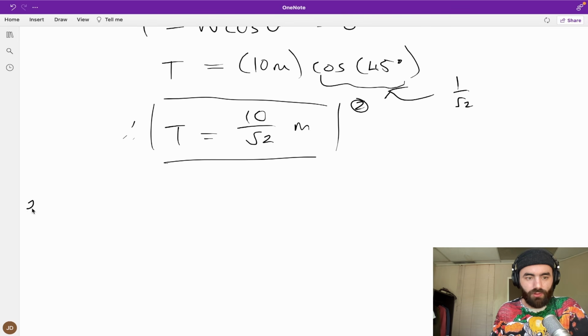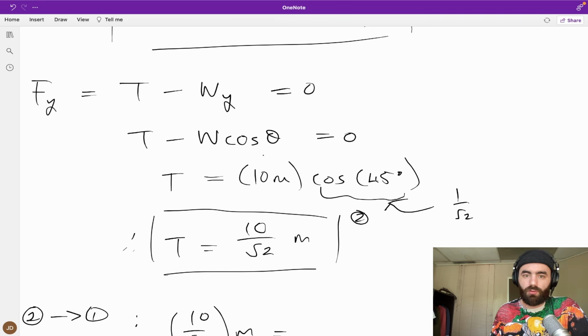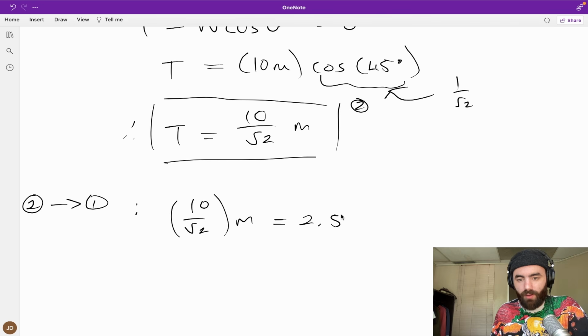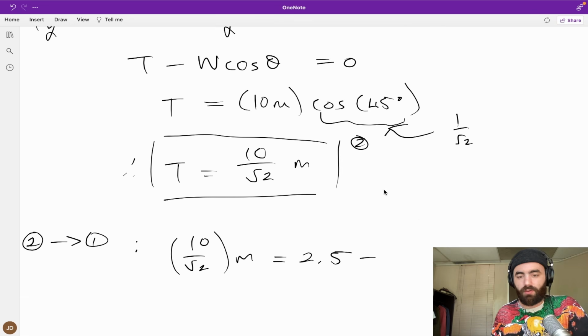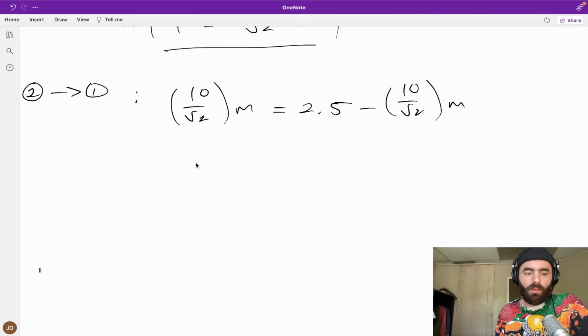So if we sub 2 into 1, we get 10 over square root 2 m equals 2.5 minus 10 over square root 2 m. Okay, take that over. We're going to get 20 over square root 2 m equals 2.5.